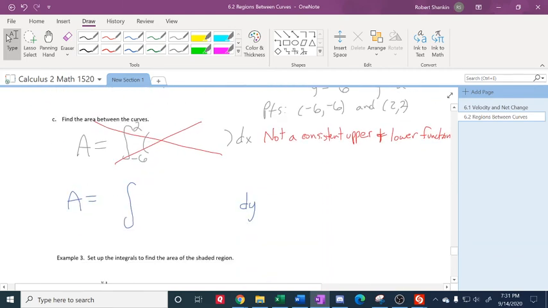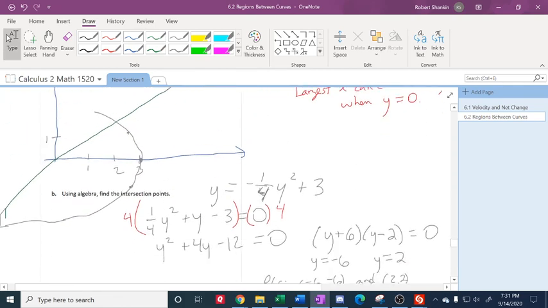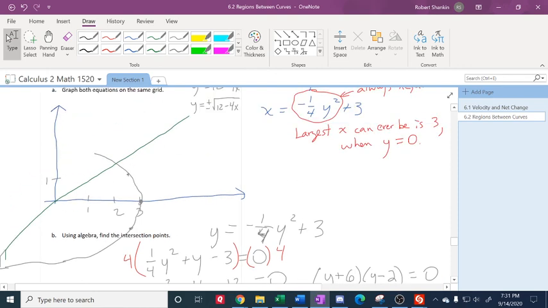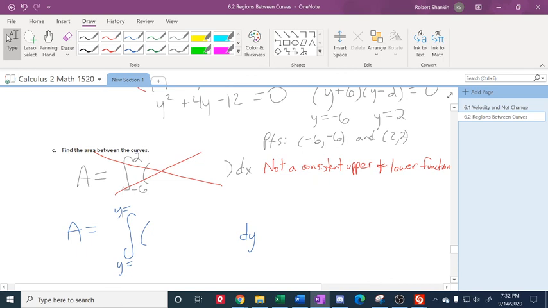So we need, and I'm going to put y equals. What are the heights that we're going to go from? The smallest height is -6. The highest height is 2. So -6 to 2.